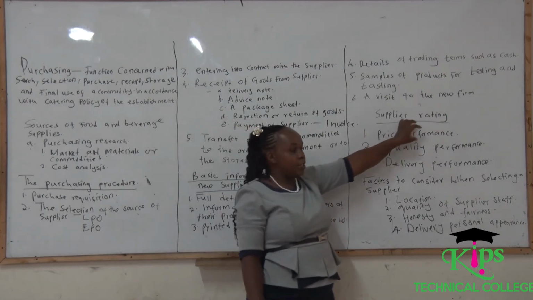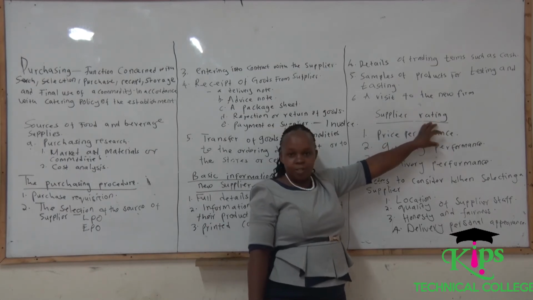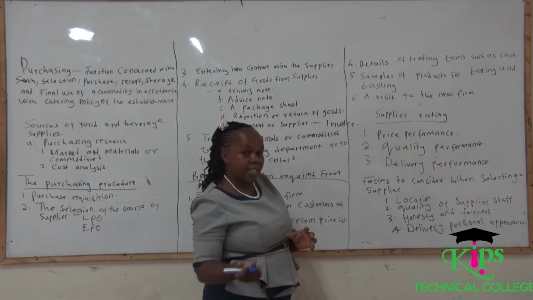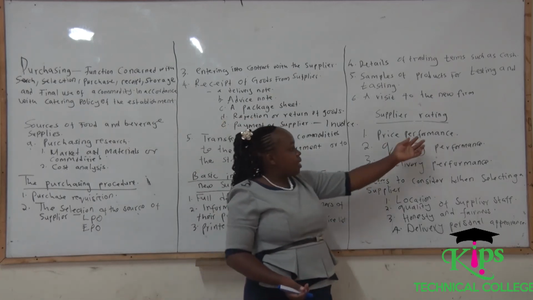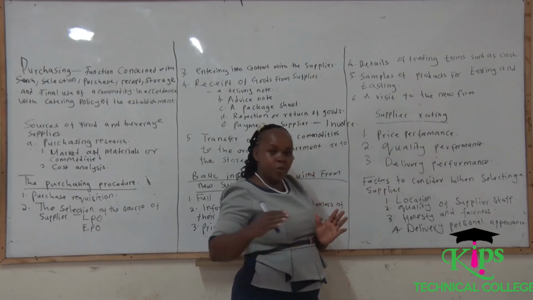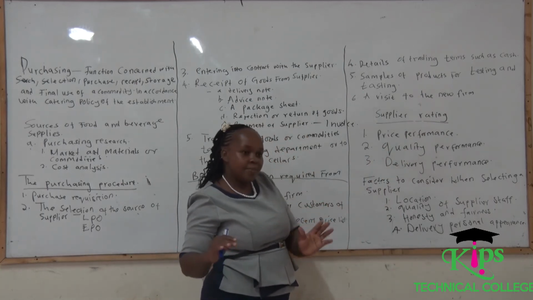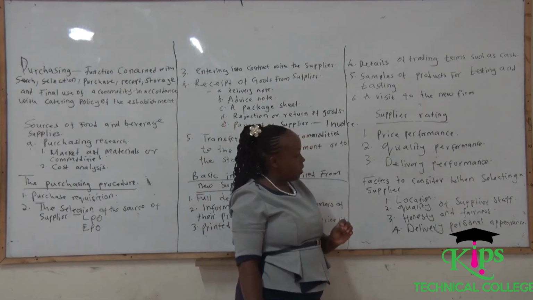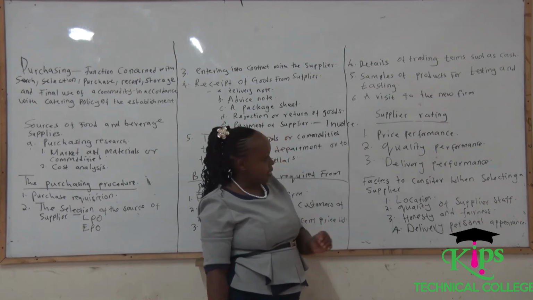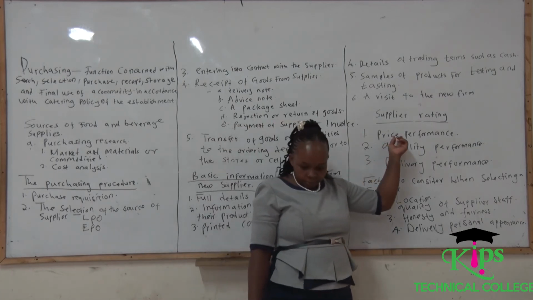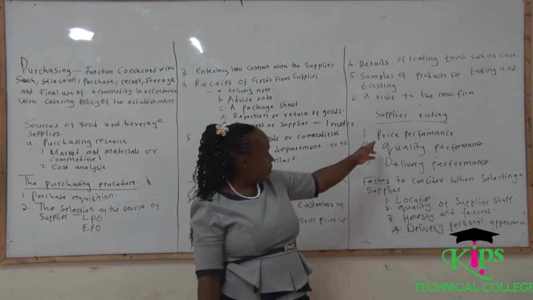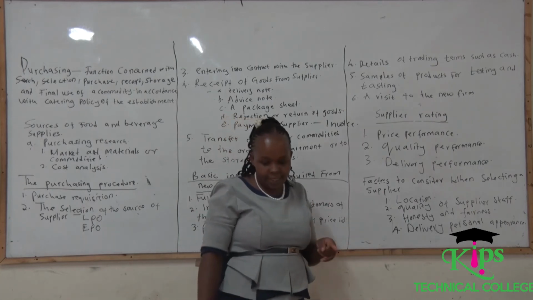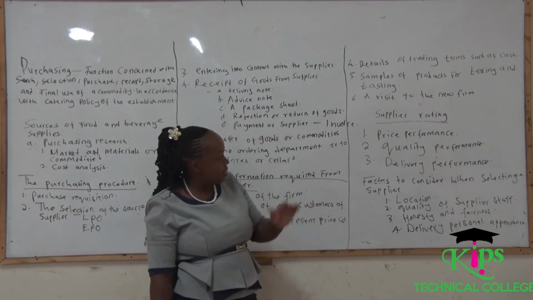People have the notion that expensive things are the best, but sometimes you can have a supplier specializing in low quality products sold at a cheaper price, and another supplier specializing in best quality products at a higher price. So when we are rating the supplier using price performance, we say the lower the price depending on quality, the higher the price performance rating.